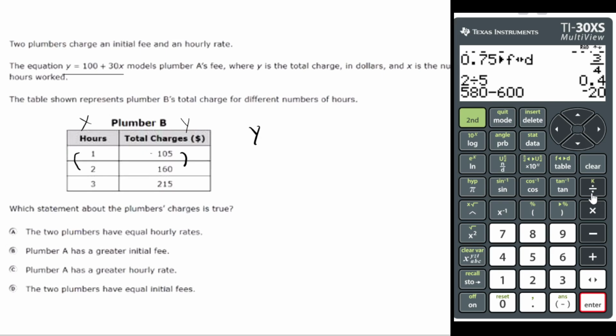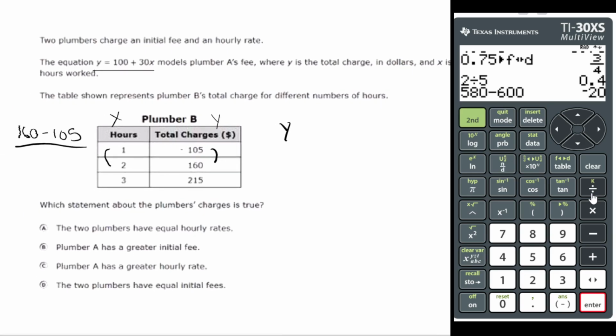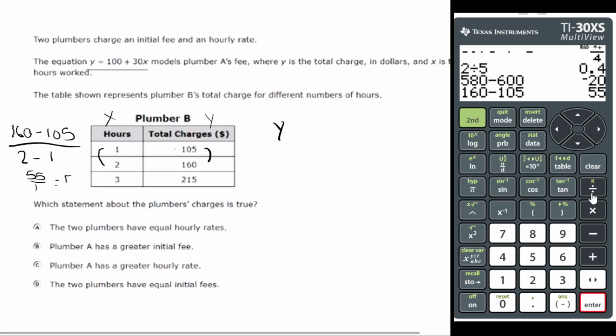So 160 minus 105 over 2 minus 1. 160 minus 105 is 55. 2 minus 1 is 1. That means his rate of change is 55. For every hour he works, he charges an additional $55.